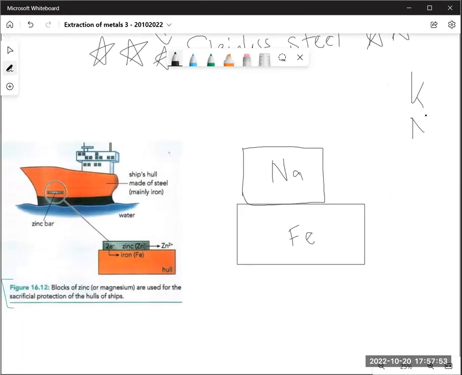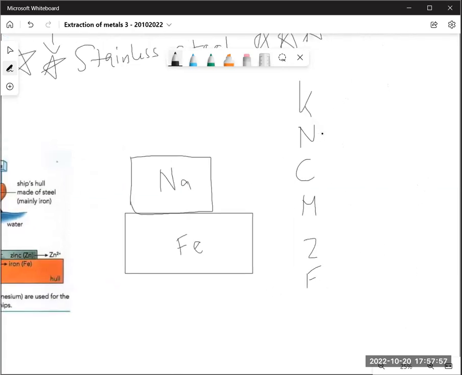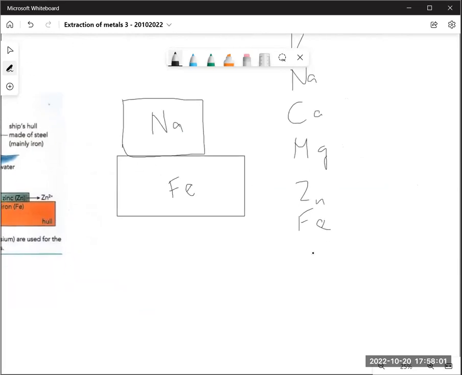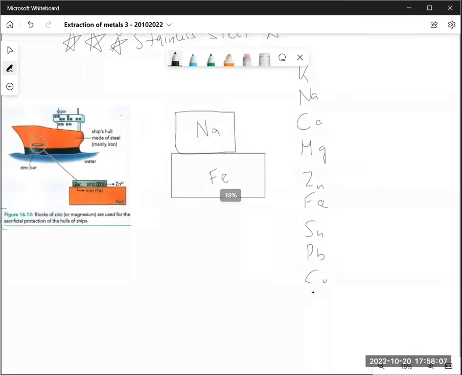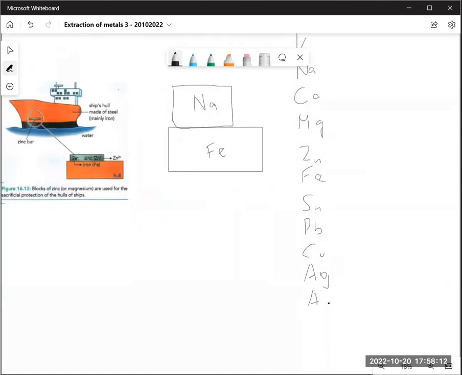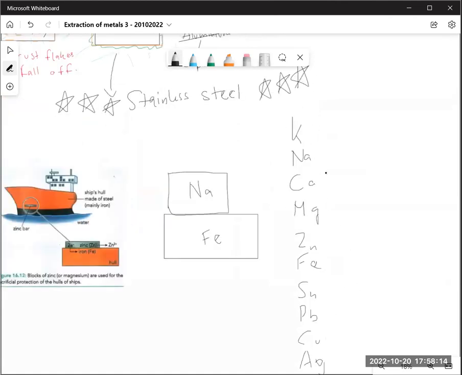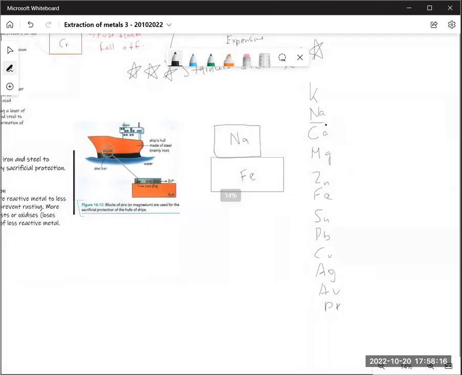So we have sodium, potassium, calcium, magnesium, zinc, iron. You'll realize the higher something is, the more reactive it is. Sodium is more reactive than iron.